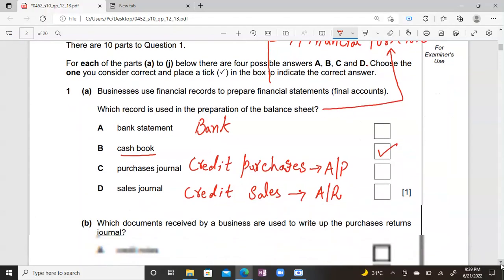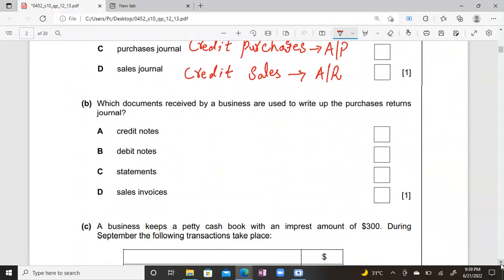Now let's go to question two. Which document received by a business is used to write up the purchase returns journal? The bookkeeper or the accountant needs to write the purchase returns journal, and for that, the business document received.